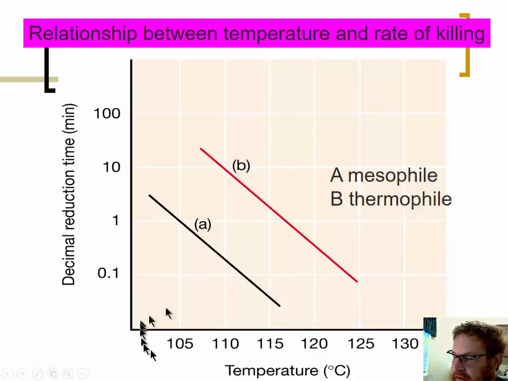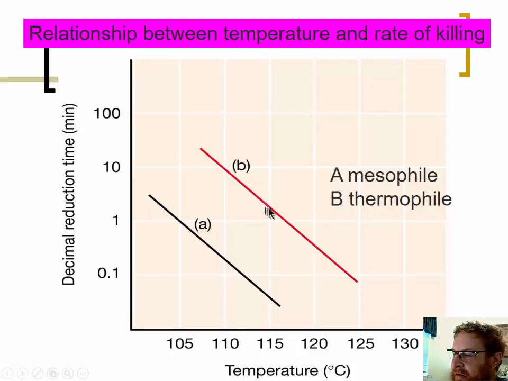Looking at the temperature in centigrade versus the amount of killing, the decimal reduction time, at 115 degrees, say, the killing is pretty profound in something that lives at human body temperature, a mesophile.